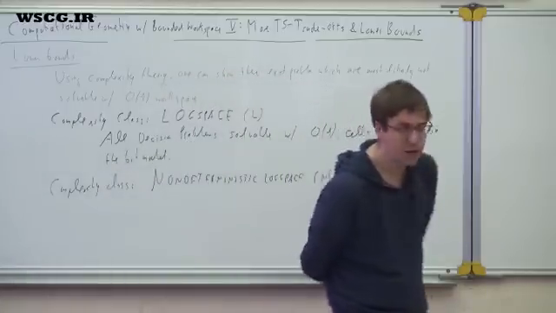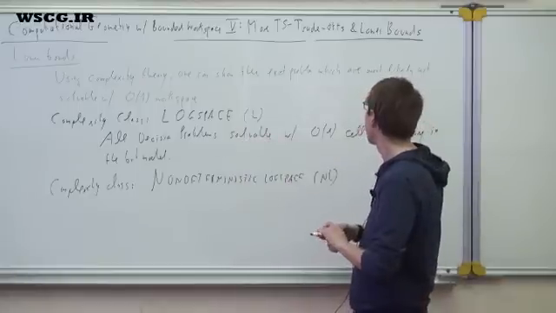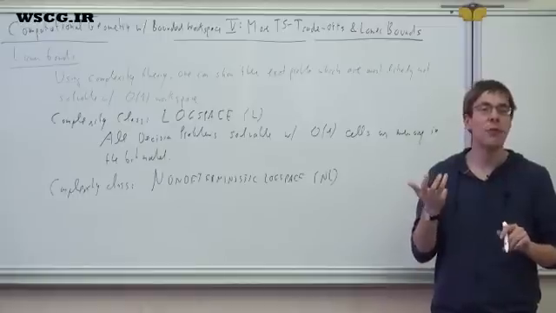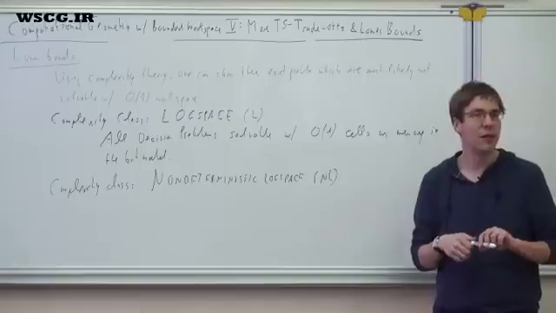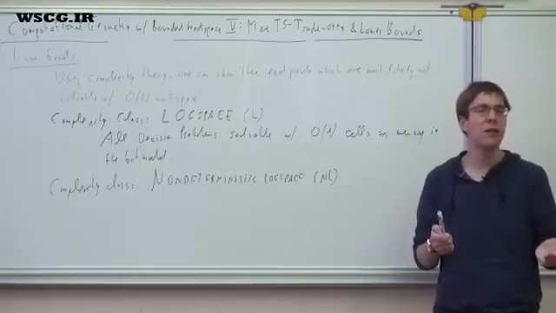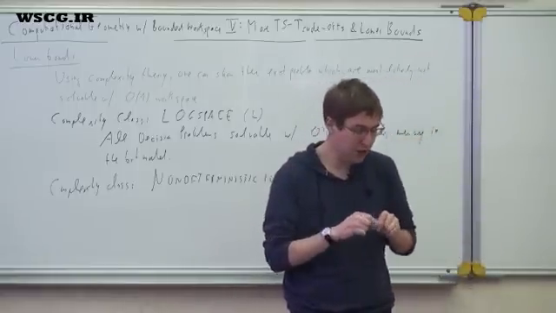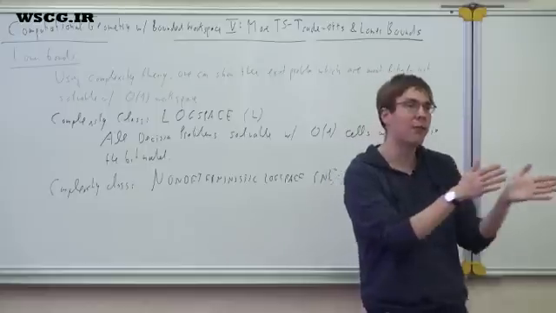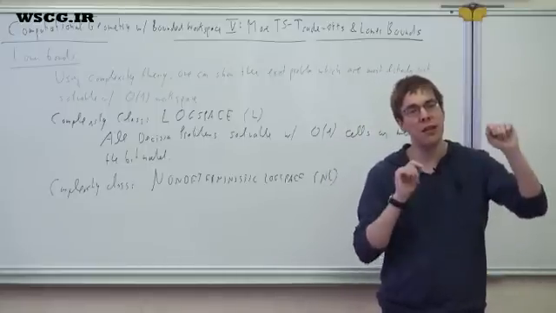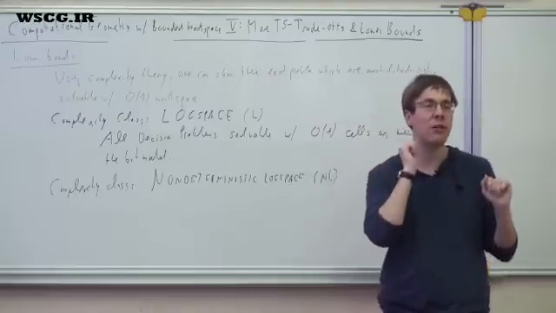Non-deterministic log space is the same as log space, but we add the property that our algorithm can be non-deterministic. Do you know what it means that an algorithm can be non-deterministic? It means that the algorithm can make decisions. At some point the algorithm can branch arbitrarily, and we have to guarantee that if there exists a way to branch such that the algorithm can say yes, then the algorithm will do it.